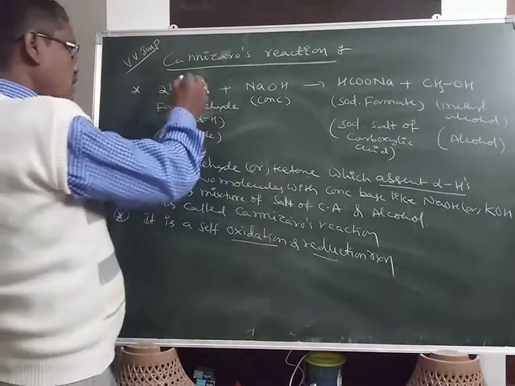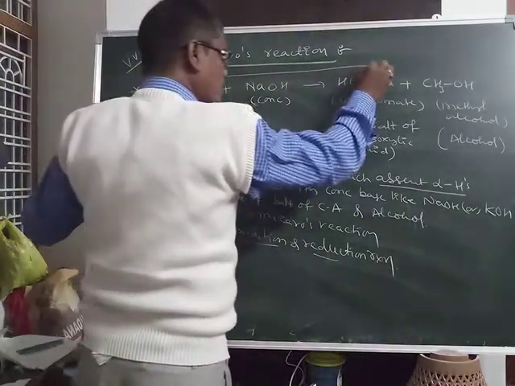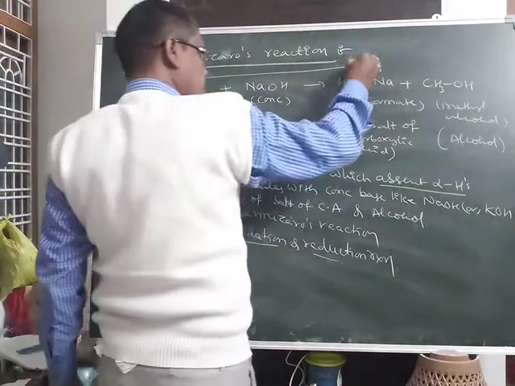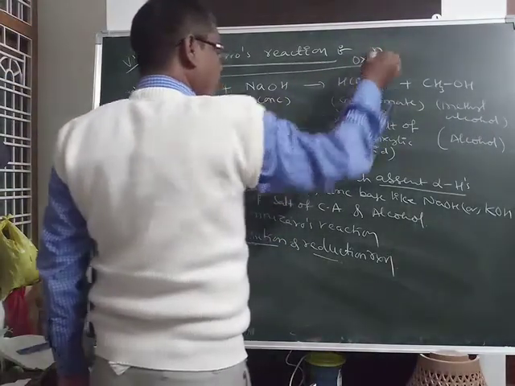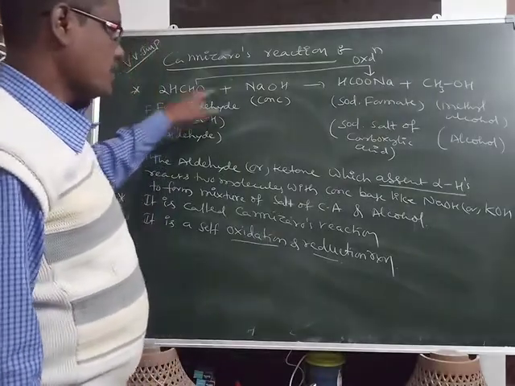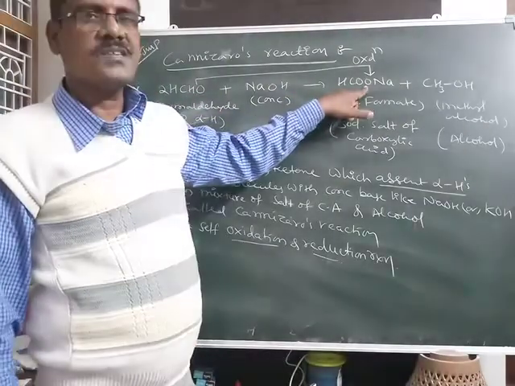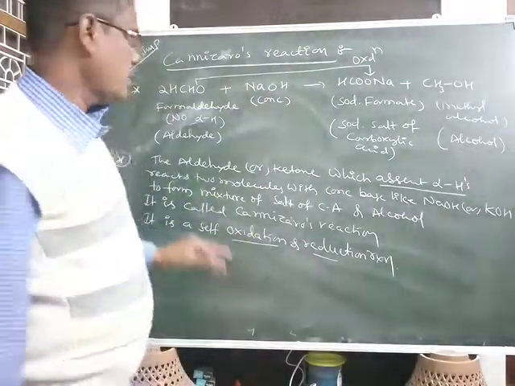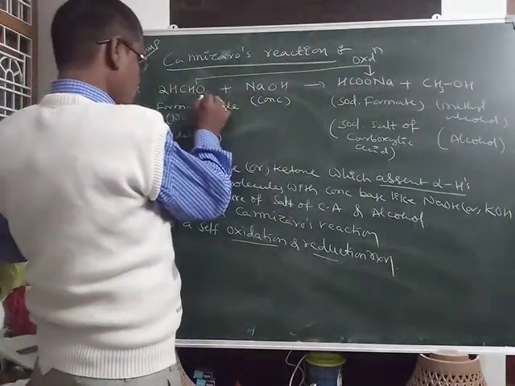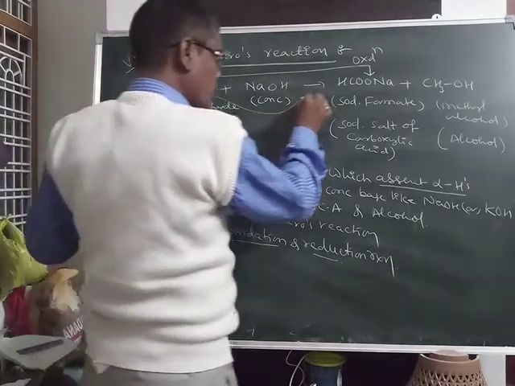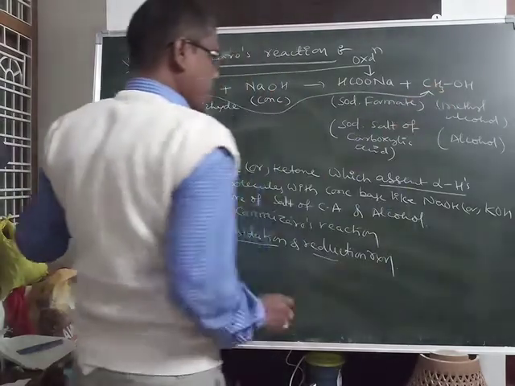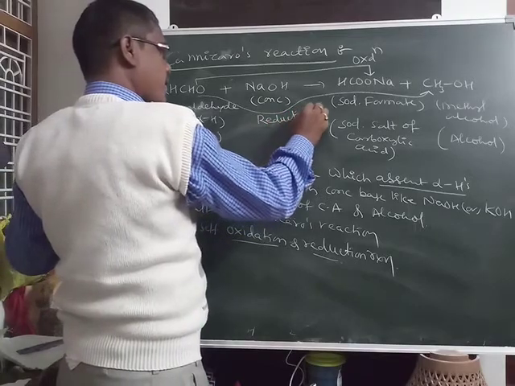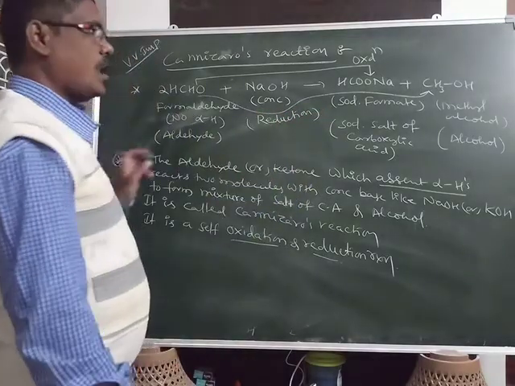Here aldehyde to sodium salt of carboxylic acid is called oxidation. Why? Because here one more oxygen is increasing. Adding of oxygen is the oxidation. And this aldehyde to alcohol is a reduction.